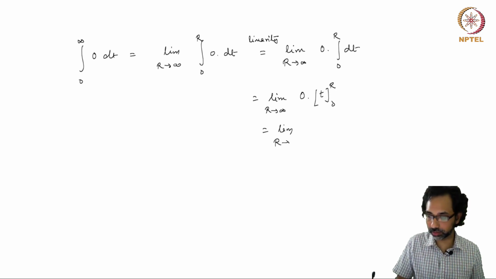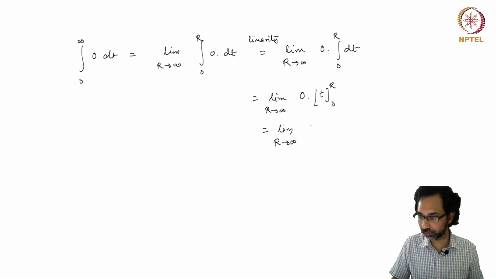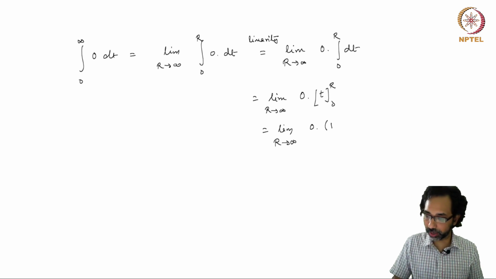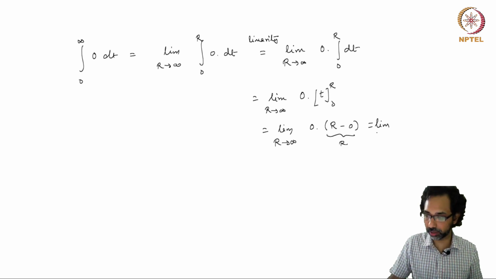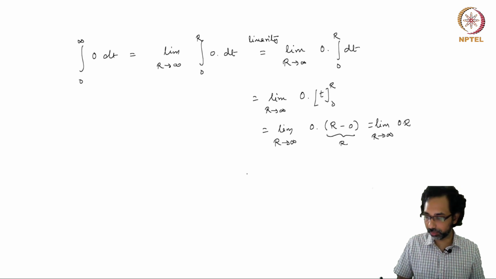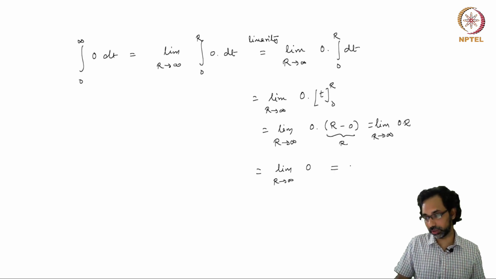This is again the limit as r tends to infinity of 0 times (r minus 0), which is 0 times r, but this is again 0, so the limit of 0 is 0.